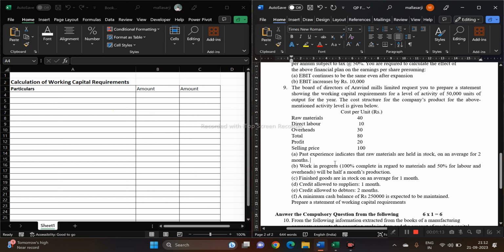Past experience indicates that raw materials are held in stock on an average for 2 months.